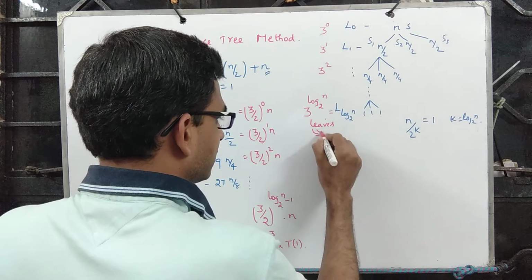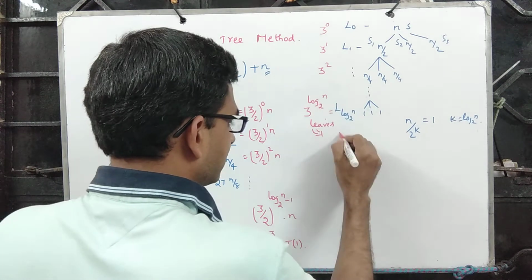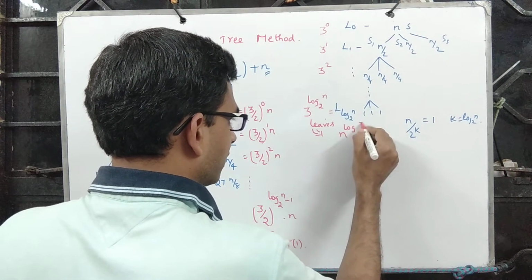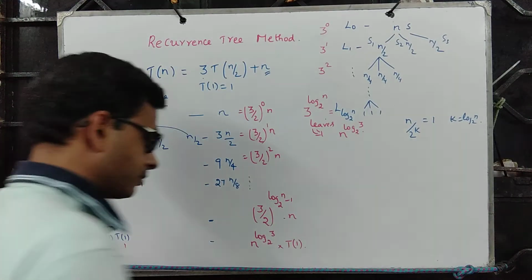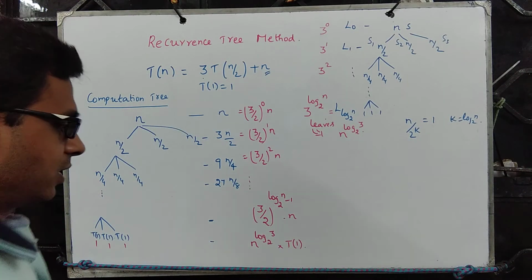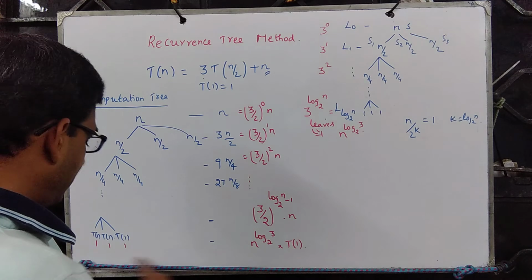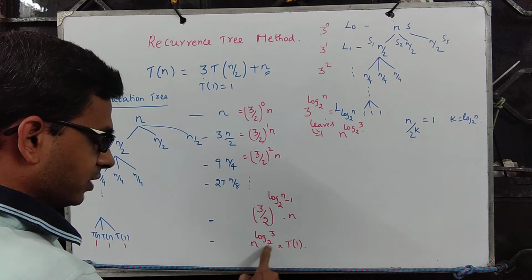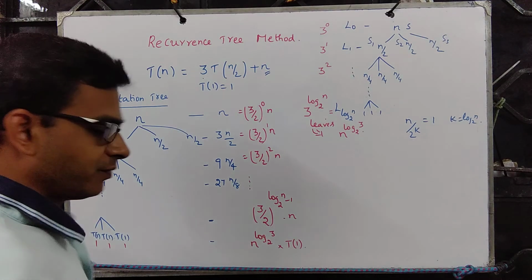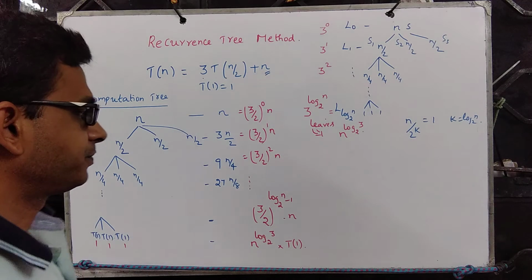And what is this? You can rearrange this. This is precisely n power log 3 base 2. Correct? So, which is why I have written there are n power log 3 base 2 T of 1 subproblems.